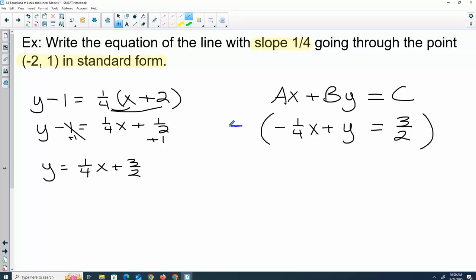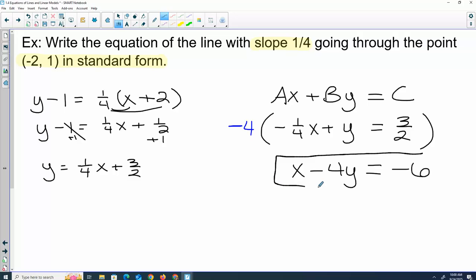So what would I have to multiply by to get rid of that? -4. So negative 1/4 times -4 is just a positive 1, so I just get x. -4 times y, so minus 4y. -4 times 3/2 is -6. I don't have any more fractions or decimals. X is positive. That's my standard form.